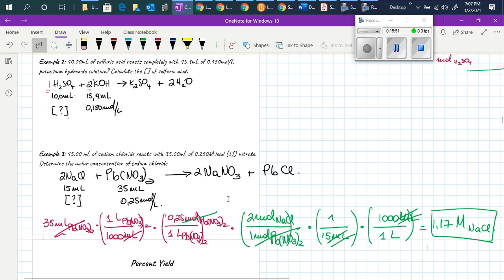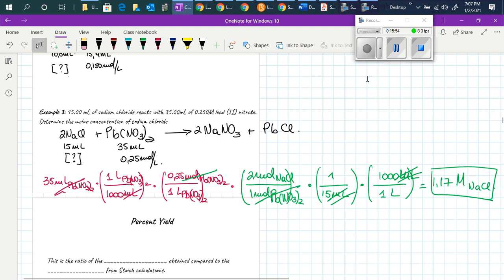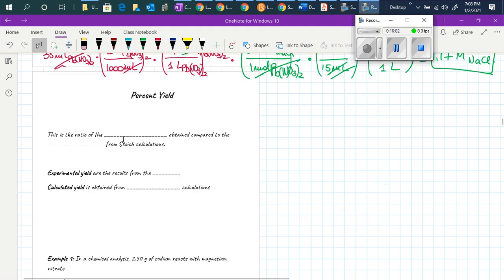We'll continue now with percent yield. It is a bit short, and this is lesson 3. So percent yield is the ratio of the actual product obtained compared to the calculated product.